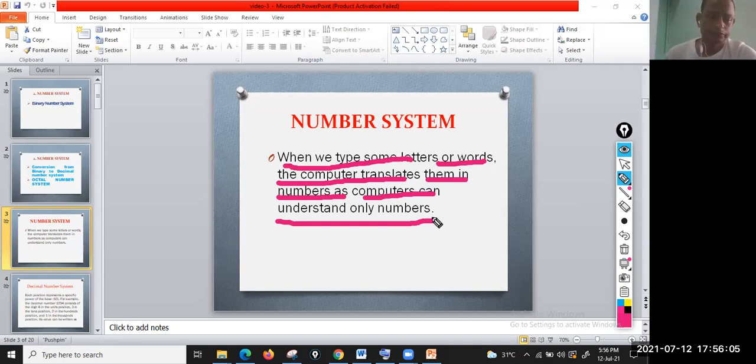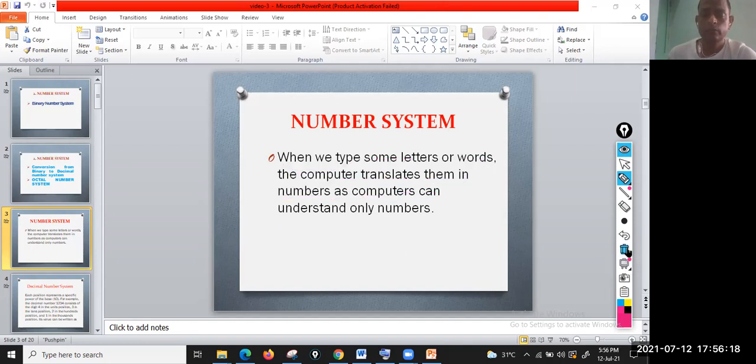Today we'll discuss the binary number system, decimal number system, octal number system, and hexadecimal number system.